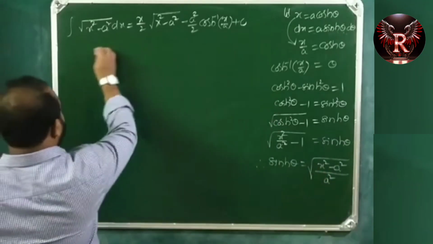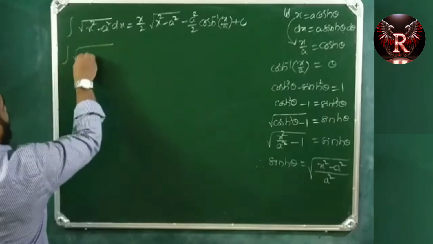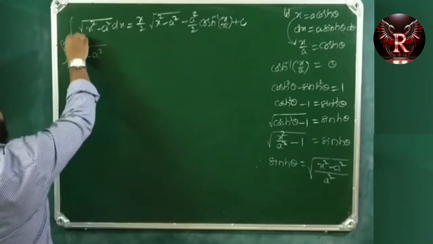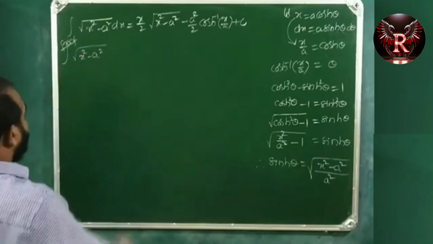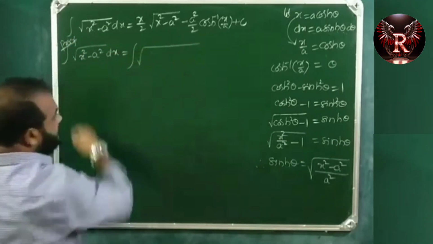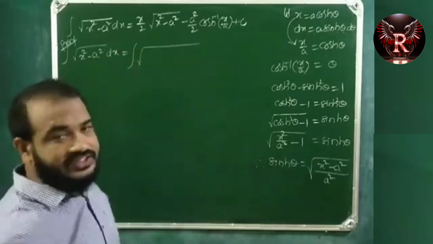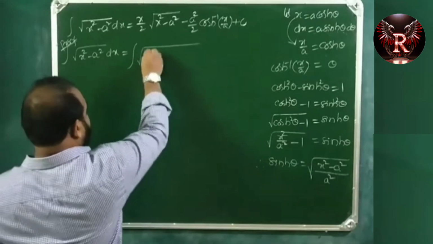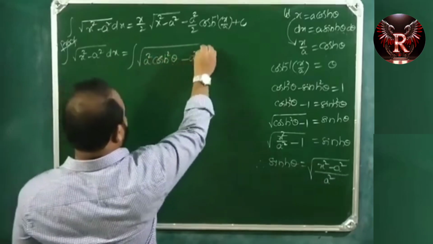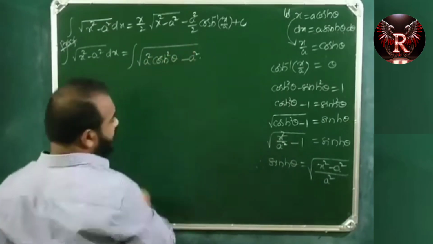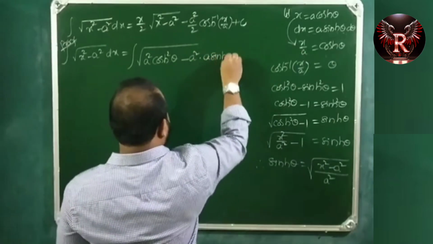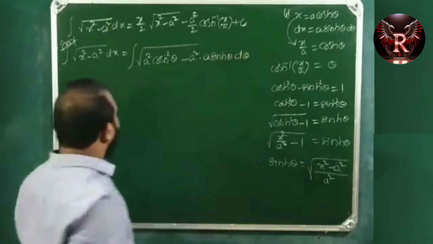Now proof. This is equal to integral root of x square minus a square dx, where x is a cosh theta. So square root of a square cosh square theta minus a square, and dx is equal to a sinh theta d theta.